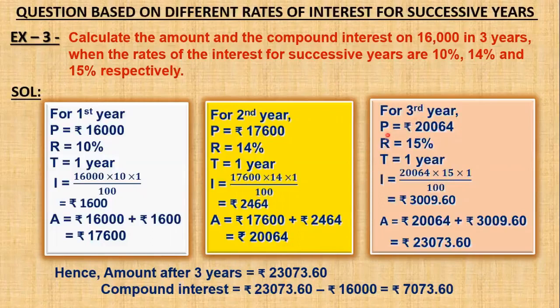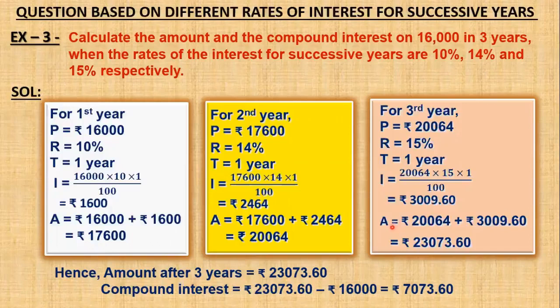So for third year, principal rupees 20,064, rate 15%, time 1 year, interest is principal multiply rate 15% into time upon 100, which will give rupees 3,009.60.